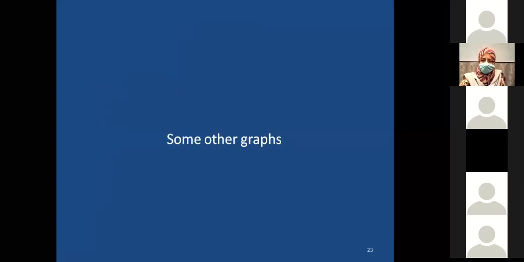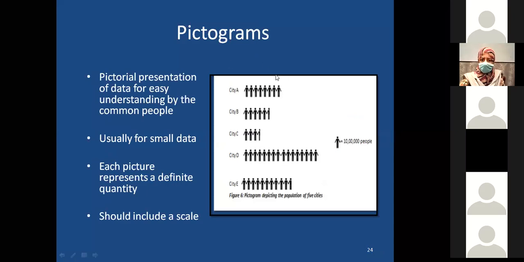So there are some other graphs that I'll be pointing towards. These include pictograms, for example. A pictogram is a pictorial presentation of data for easy understanding by common people.